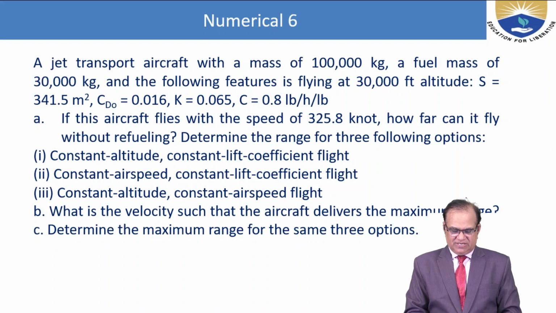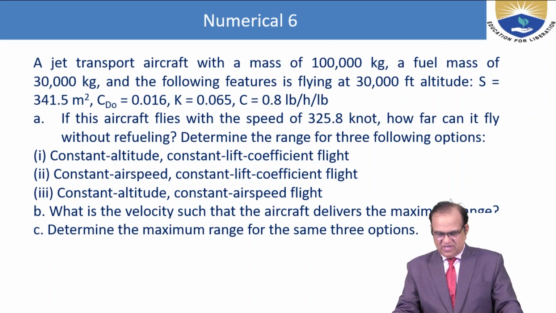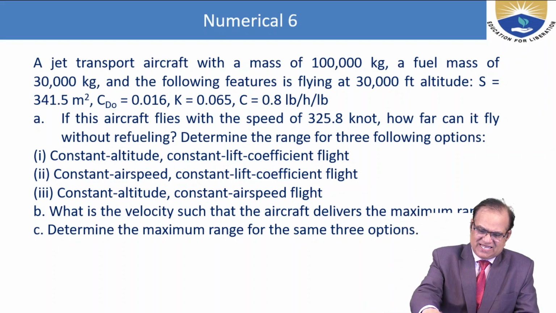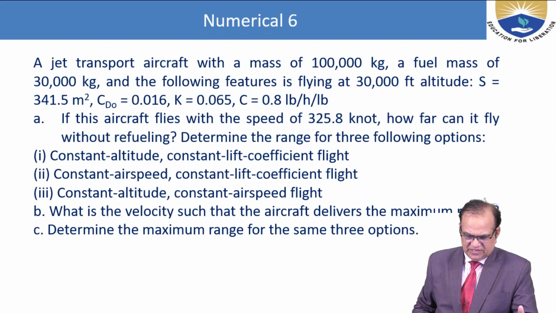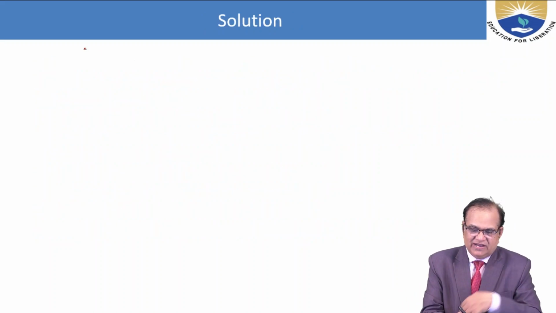What is the velocity such that the aircraft delivers the maximum range? Determine the maximum range for the same 3 options. So it is a very big question, but we will try to solve some part of this, and it is the same as the before one. Okay, so we will see whatever the things are given.